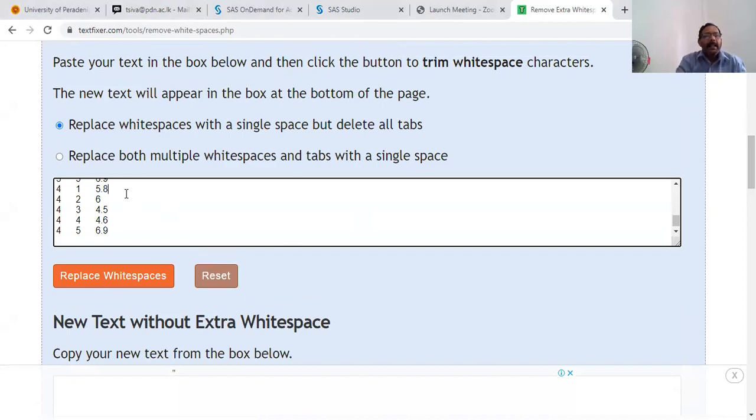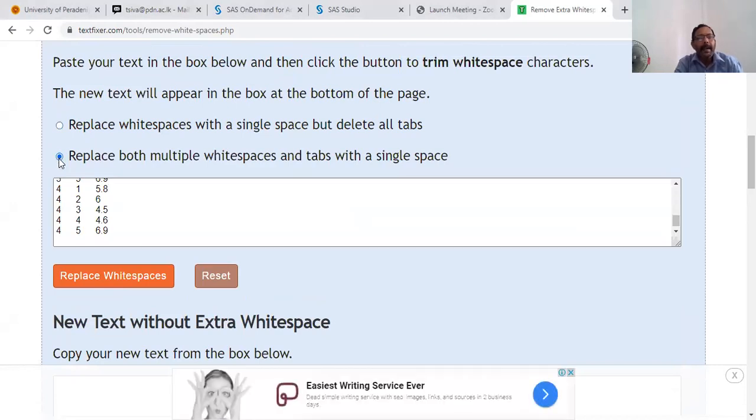Then, not the first icon, click the second icon, replace both multiple white spaces and tab with a single space. This is the problem, the spacing problem. Click that.